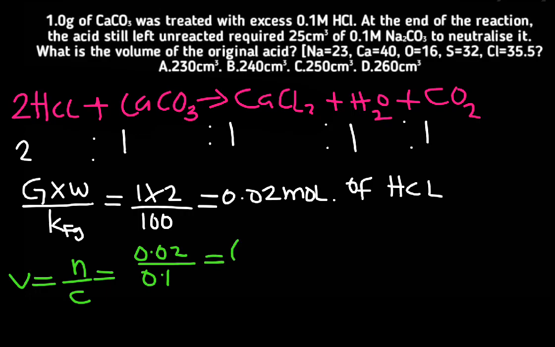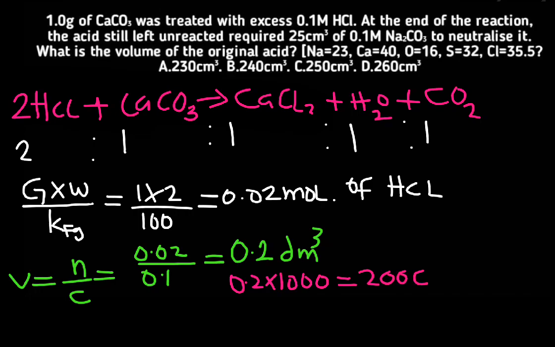If you divide this, you arrive at 0.2 dm³. But note, we need to convert this dm³ to cm³. We just need to multiply: 0.2 times 1000, I will arrive at 200 cm³. So this is the volume for the first reaction.